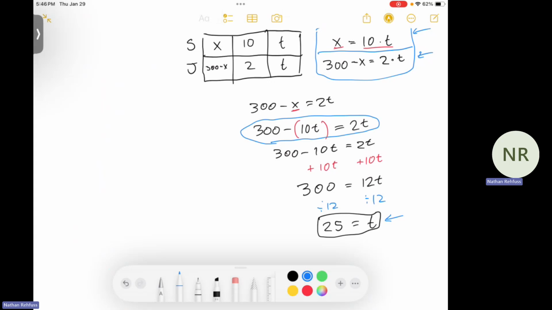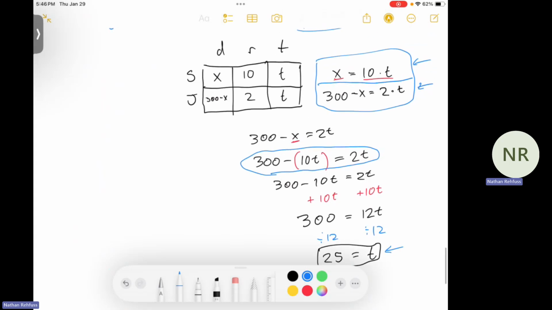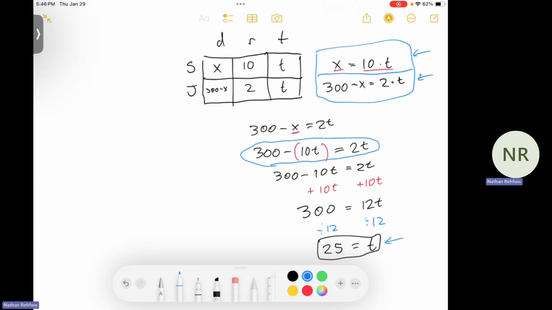So what's missing? 6a, solve for any remaining unknowns. Now we know t is 25. Let's look back at these equations. The first one seems simpler. I could substitute 25 into either equation, but the simple one's easier. The first one looks easier to work with, so I'm just going to pick that for my own convenience.